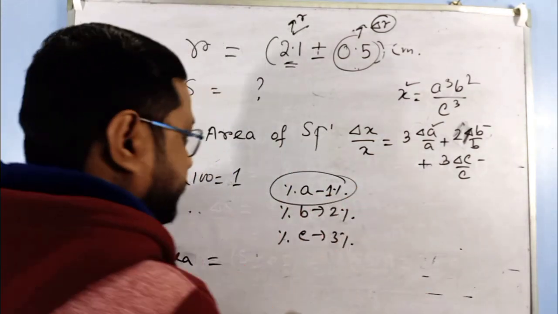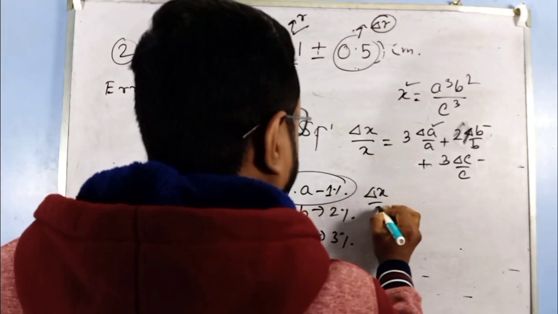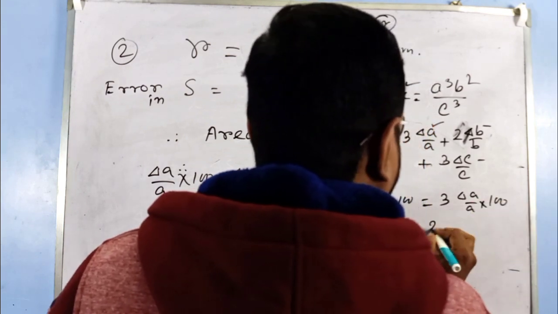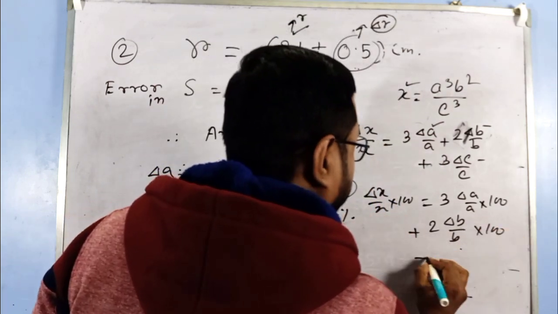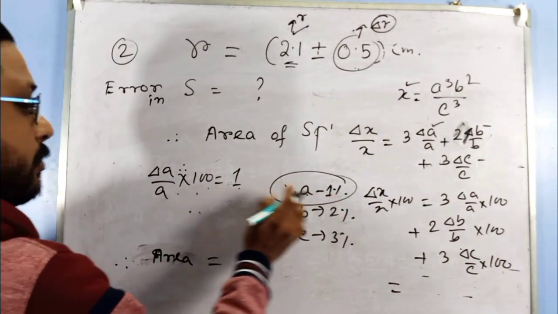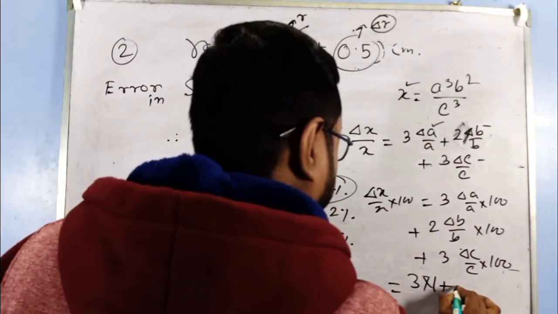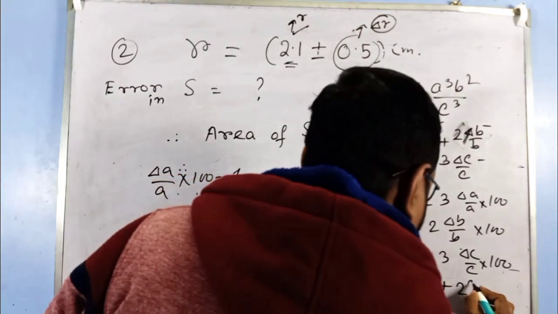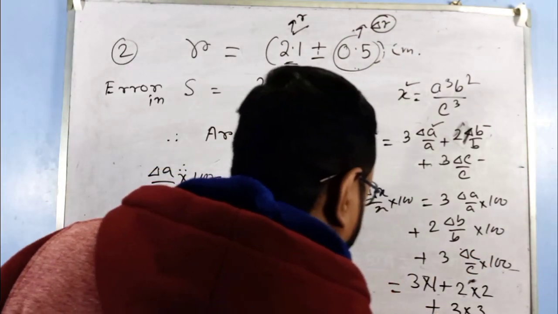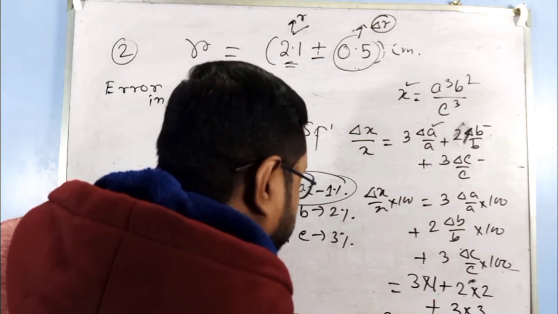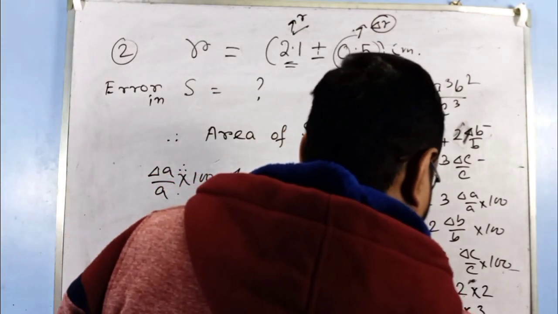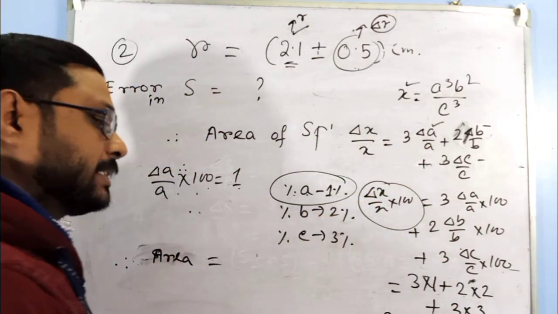So if such a problem comes, we take delta x by x upon 100, so everything gets multiplied by 100: 3 delta a by a into 100 plus 2 delta b by b into 100 plus 3 delta c by c into 100. We know the percentage of a, delta a by a into 100, is 1, so 3 into 1, plus 2 into delta b by b into 100 which is 2, so 2 into 2, plus 3 into delta c by c into 100 which is 3, so 3 into 3. So what can we get: 3 plus 4 plus 9, 3 plus 4 is 7, 7 plus 9 is 16. So finally the percentage error in x is 16%.